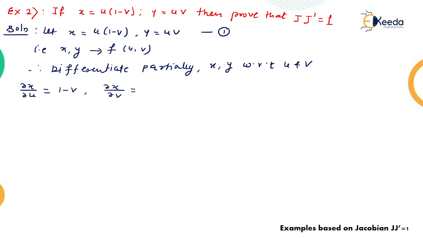Treating u as a constant, the derivative of 1 minus v is minus 1, and the derivative of 1 is 0. So that value is minus u only. Also ∂y/∂u is clearly v, and ∂y/∂v is u.